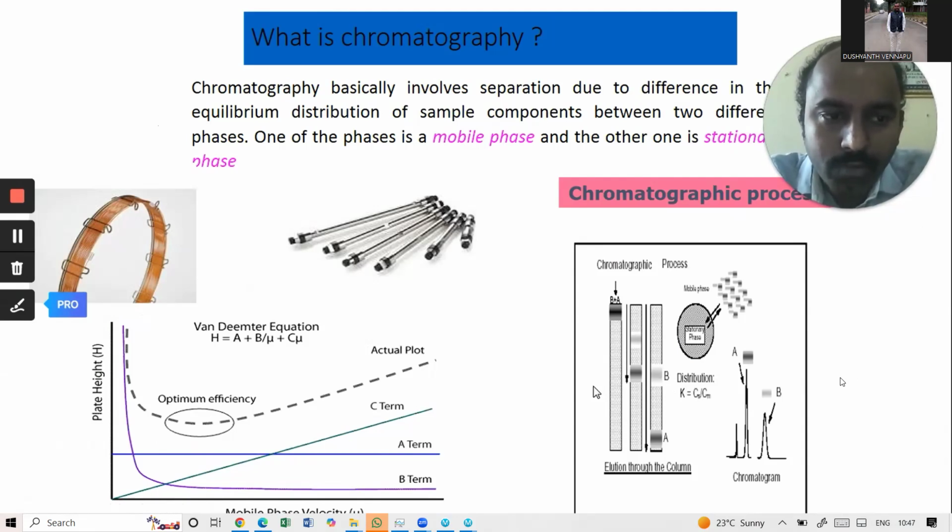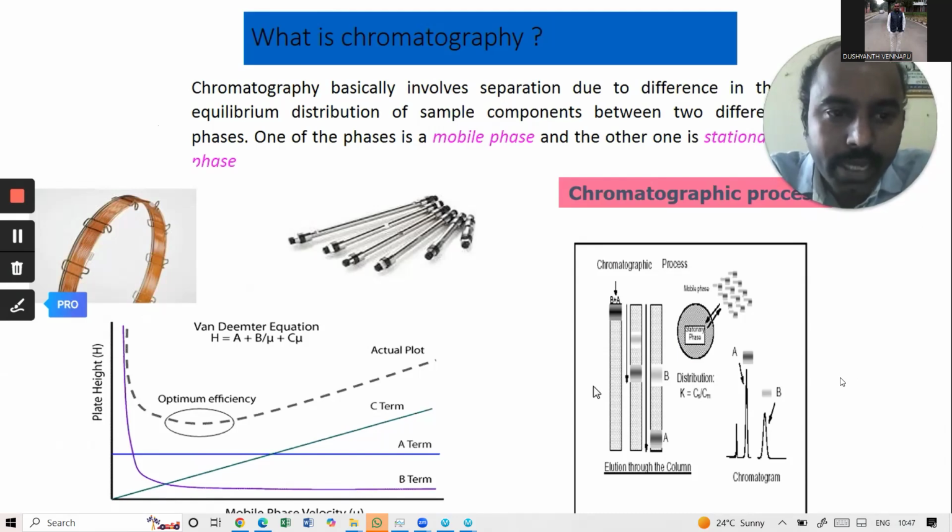Now, what components will be retained onto the stationary phase and what components will be eluted from the stationary phase depends upon the polarity of stationary phase and polarity of your mobile phase. The first most fundamental principle in this identification is like dissolves in like.